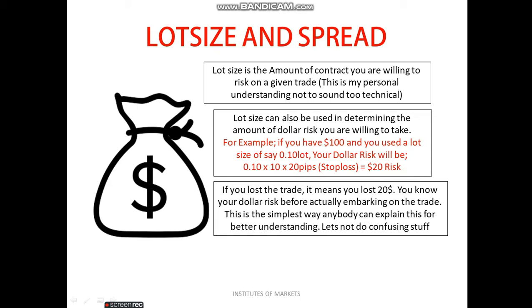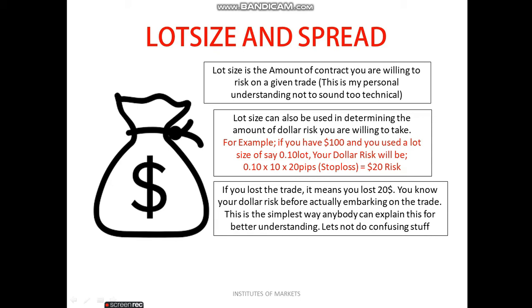So before you take a trade, you should know how much you are about to lose. Don't just take trades blindly. Your stop loss is 20 pips; some use 10, some 5, some 30, some 40, and some don't even use it. Like me, I don't use it at all, even if the account is a $5 or $10 account.